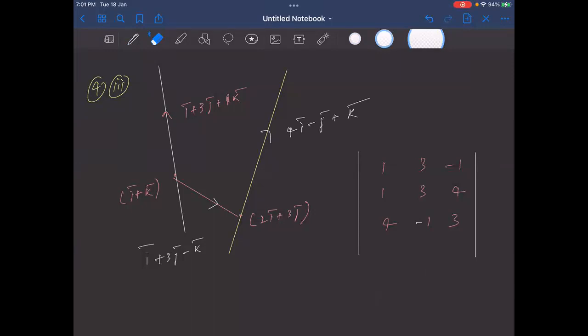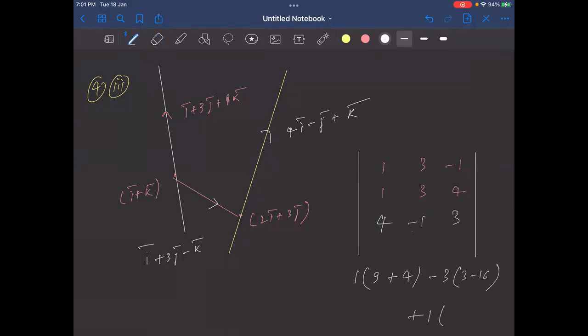Third row will change. Third row will become what? Minus 1 and 3. 1 is 9 plus 4. So 4 minus 1, 1 in the third row. Third row is minus 1. Correct. So then is it coming 0 or not?